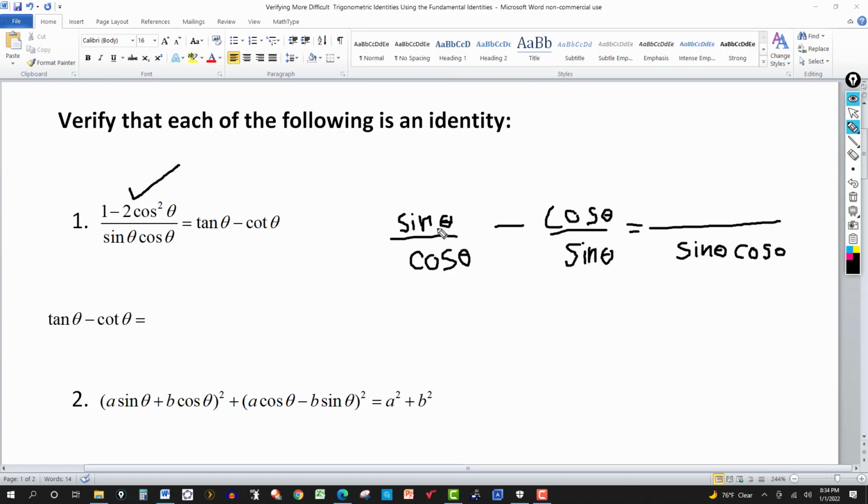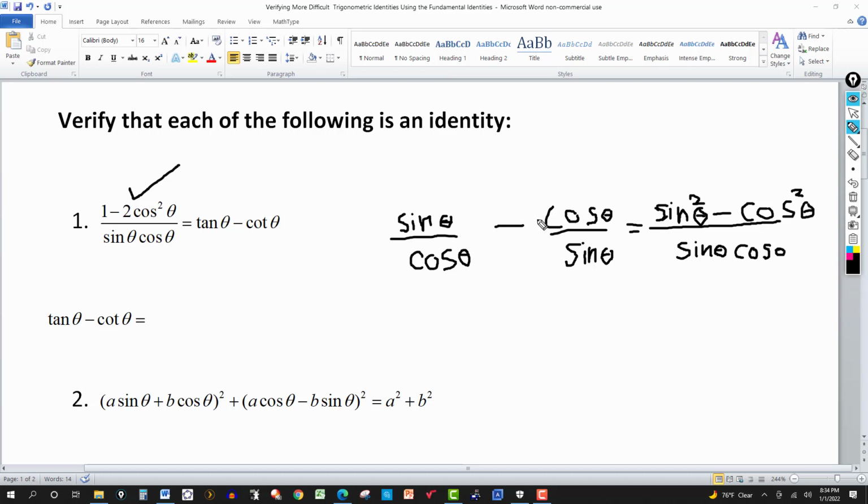So sine theta times sine theta is sine squared of theta. This will be minus, and the other side will be cosine theta times cosine theta, cosine squared theta.